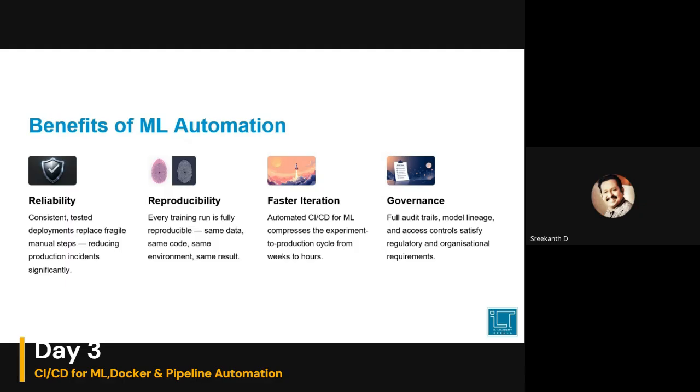For public sector projects, governance and auditability are critical. You must be able to answer which model was deployed, with which data, at what time. These are the basic details we have to maintain while we are trying to deploy a machine learning model.